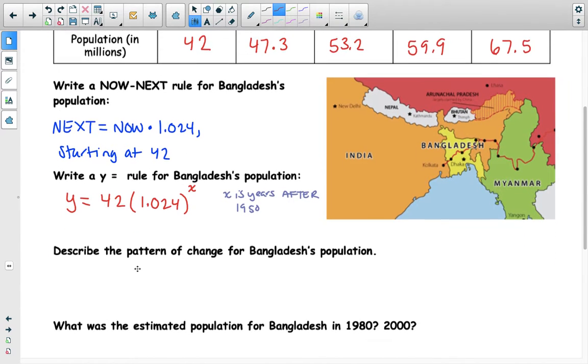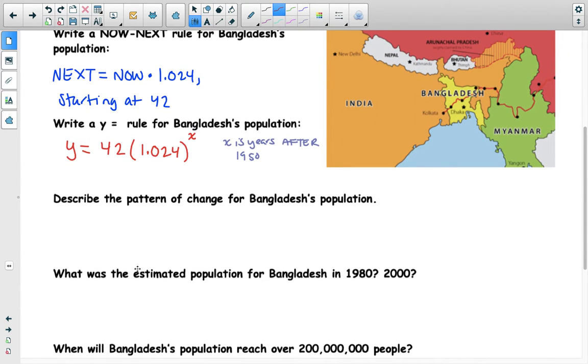Describe the pattern of change for Bangladesh's population. We know that it's growing by a factor of 1.024 each year. And that's actually what we'll write.